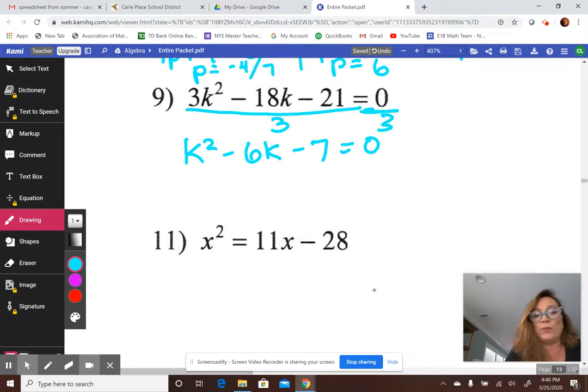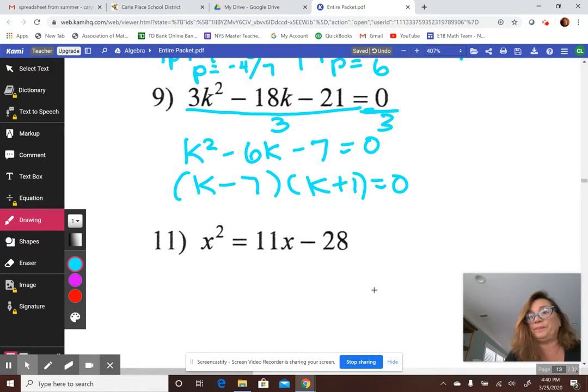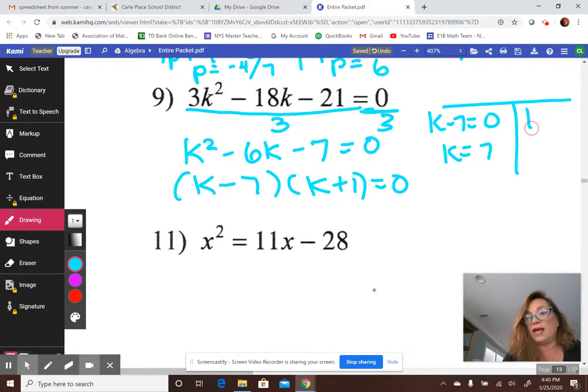Not like 21 is hard, but 7 is easier. So why not? Be nice to yourself. So I got k minus 7 equals 0, so k equals 7. I got k plus 1 equals 0, so k equals -1.